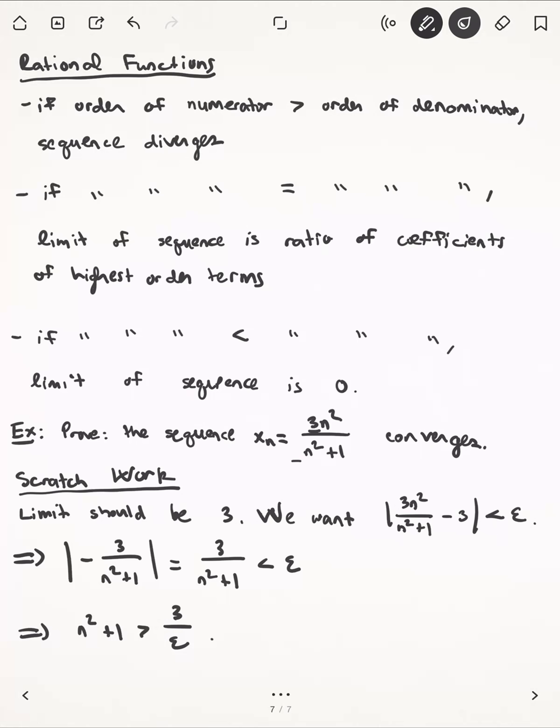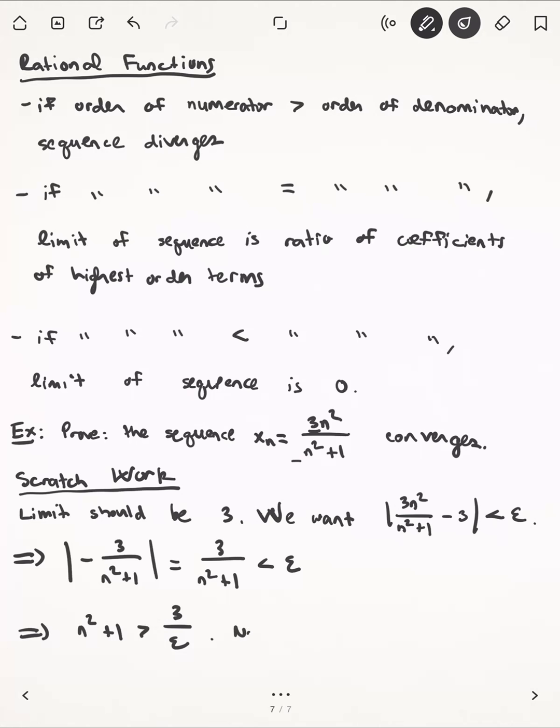Okay? But remember, in order to show that a limit exists, I have to say something about how n, little n itself relates to epsilon, not some function of little n, but n itself. But notice what I have here is a condition on n squared plus 1.